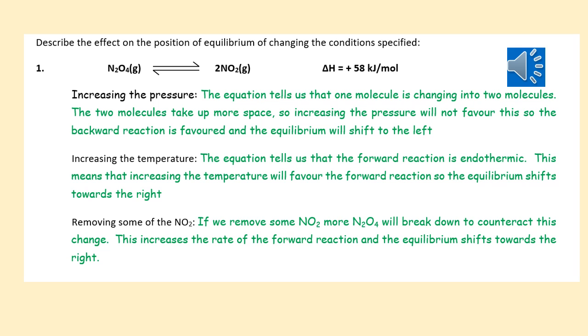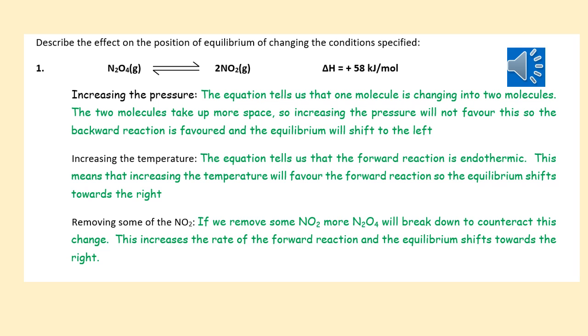Now increasing the temperature, we know that increasing the temperature favours the endothermic reaction. As we said before, the endothermic reaction is the forwards reaction. So the forward reaction is favoured, and therefore the equilibrium will shift to the right. And finally, what would be the effect of removing some of the NO2?